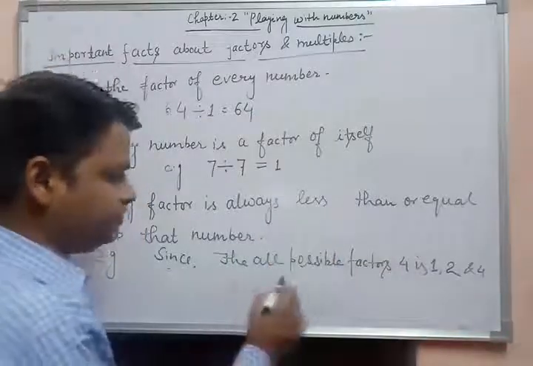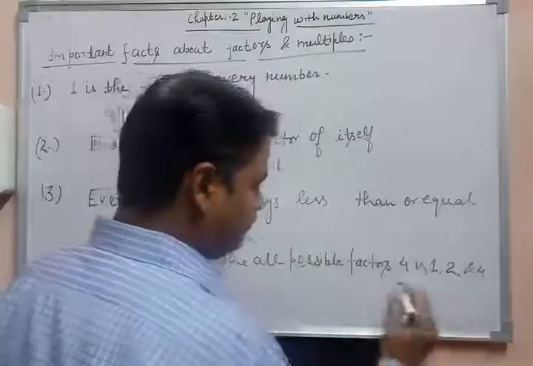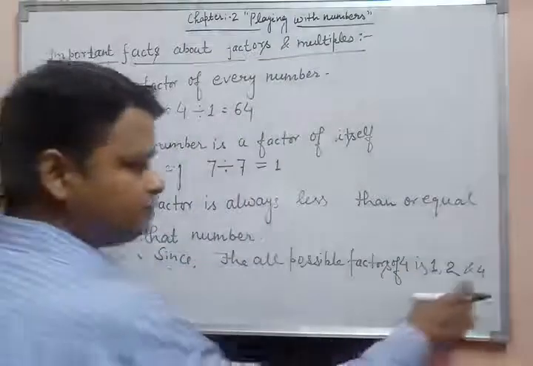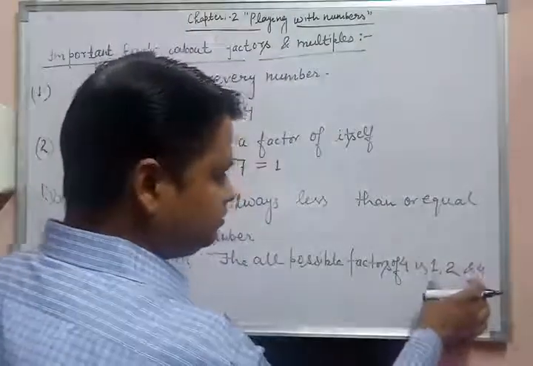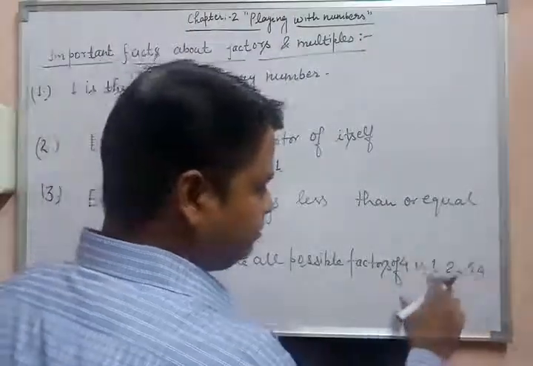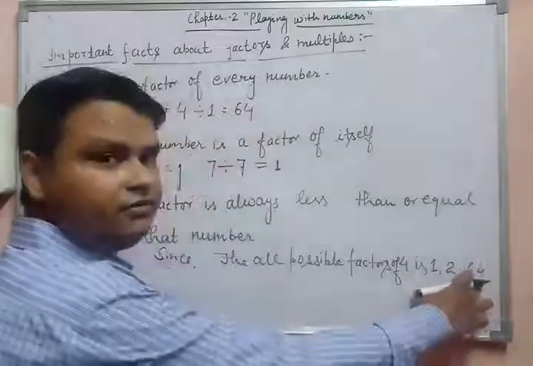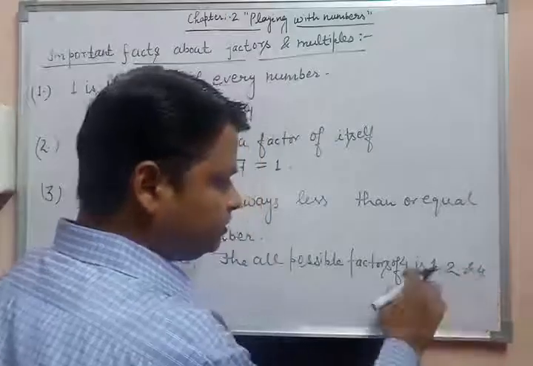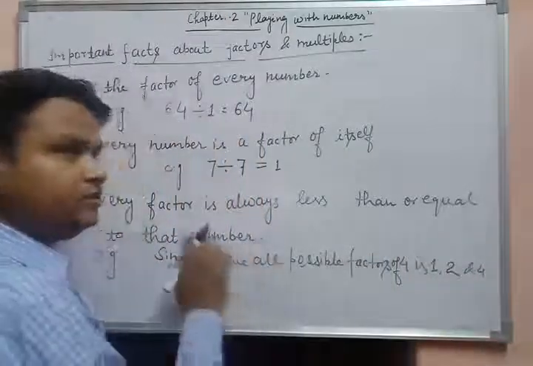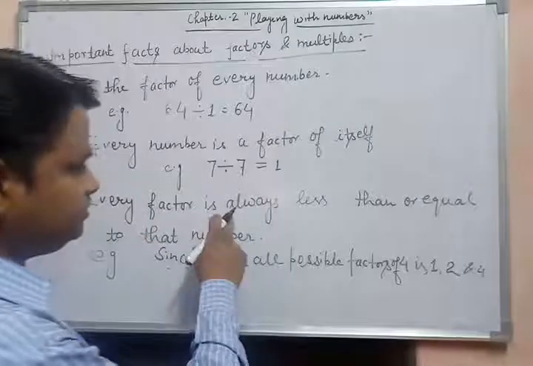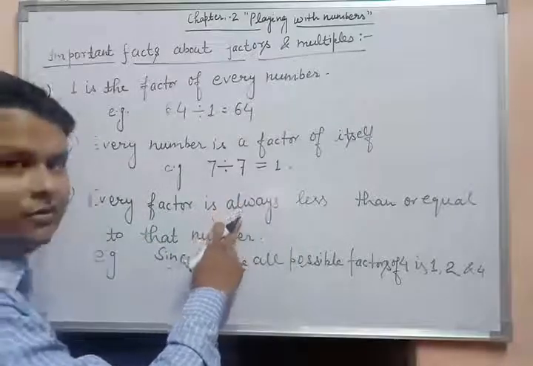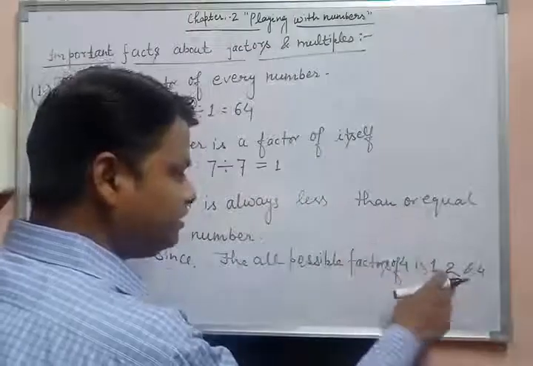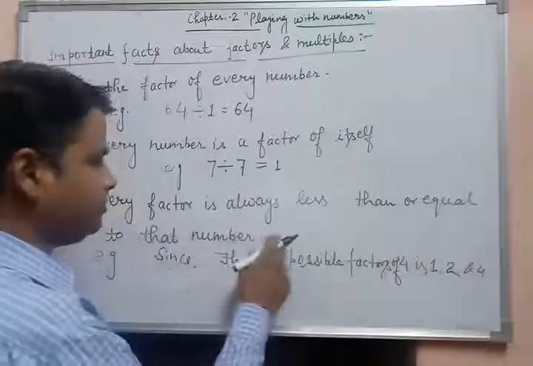Here all the possible factors of 4 are 1, 2 and 4, which shows that the maximum factor is 4. This shows that 4 is equal to 4. So this fact is true, because every factor is always less than or equal to that number.